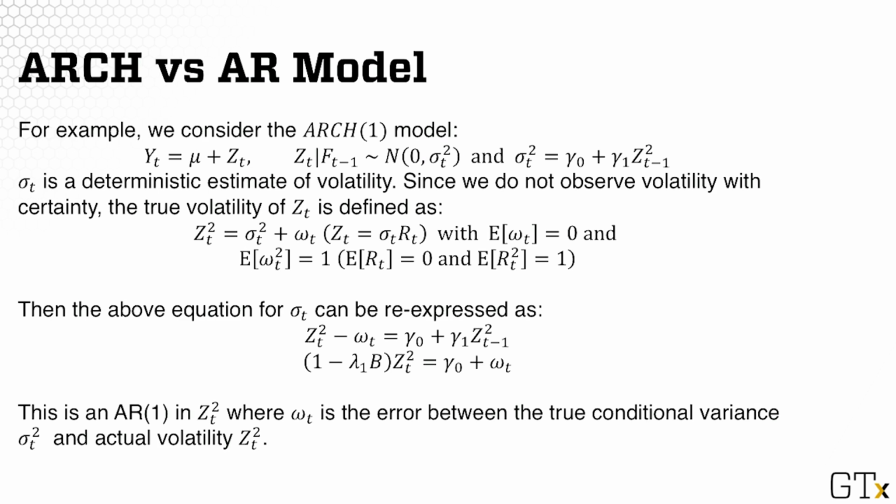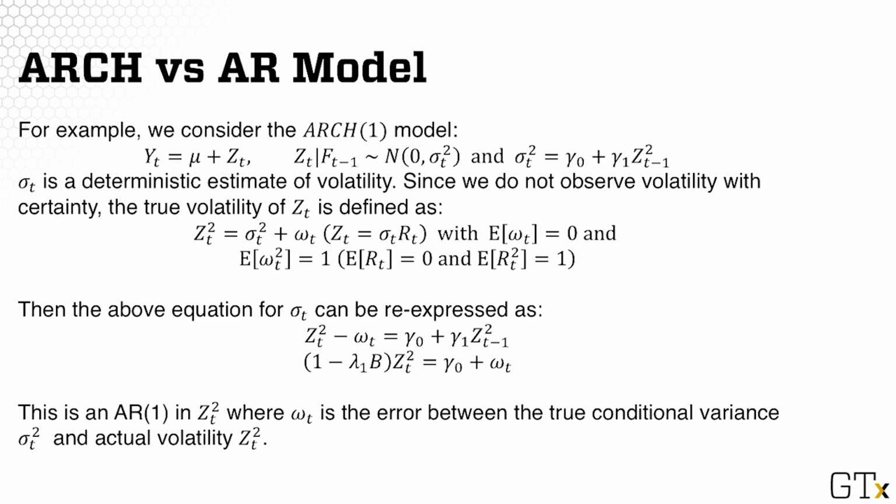We'll consider here Y_t to be a process with a mean which does not vary in time, plus the Z_t process, which is modeled using an ARCH(1) model. That is, the conditional variance is equal to gamma_0 plus gamma_1 Z_{t-1} squared. Note that sigma_t is assumed deterministic.